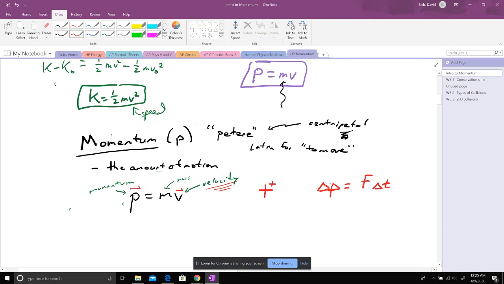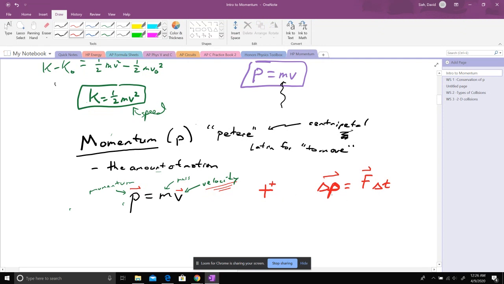When I look at this equation, if my momentum has a direction, the change in momentum, that change in P, also has a direction, doesn't it? I might be gaining momentum to the right or gaining momentum to the left, right? So I could think about this delta P as being a vector, and the force has a direction.